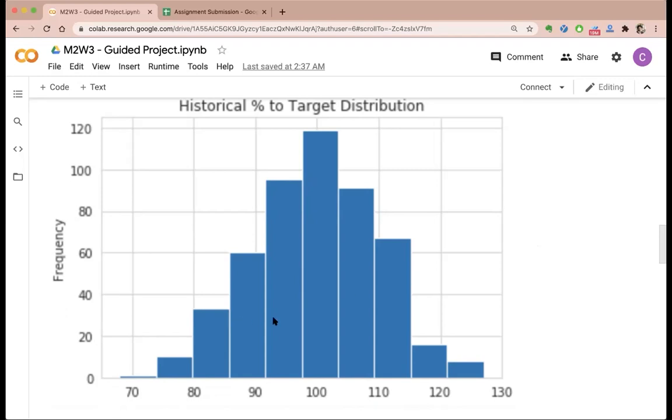So what can you conclude just by looking at this graph about the standard deviation of the normal population that this sample is taken from? Standard deviation, anyone?